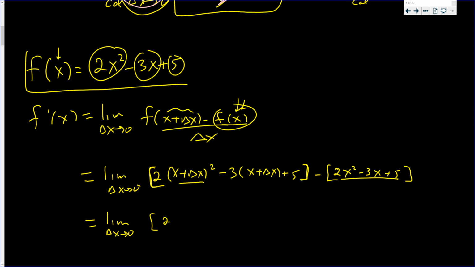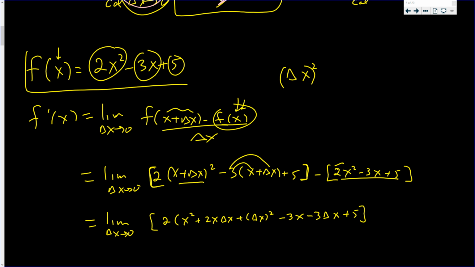What is that squared? It's x squared plus 2x times delta x plus delta x squared. It is not delta x squared, it's delta x all squared. Okay, minus 3x minus 3 delta x, and then plus 5.